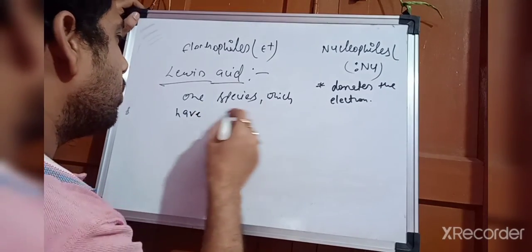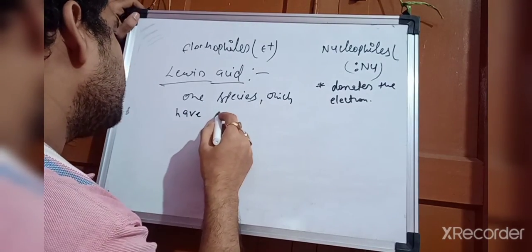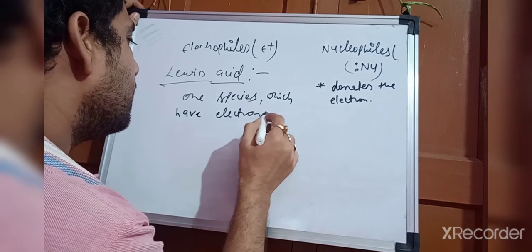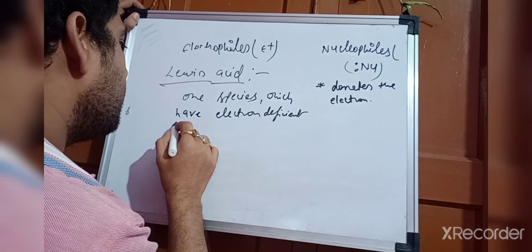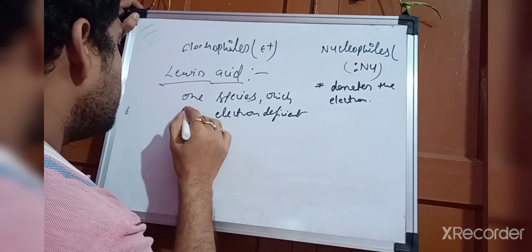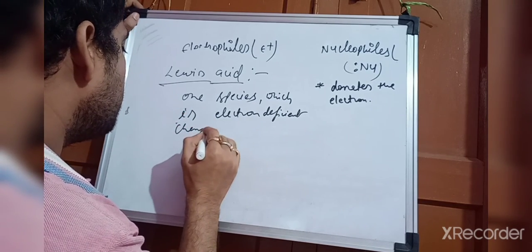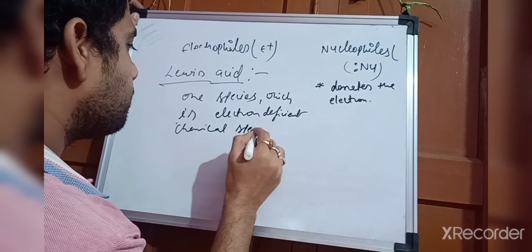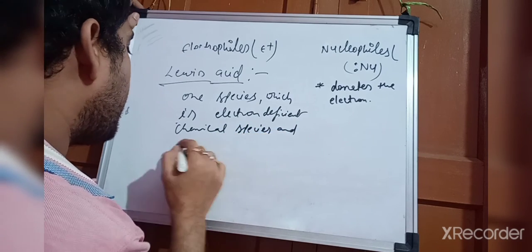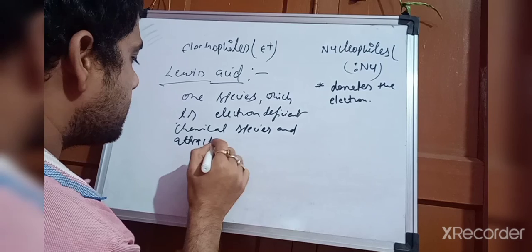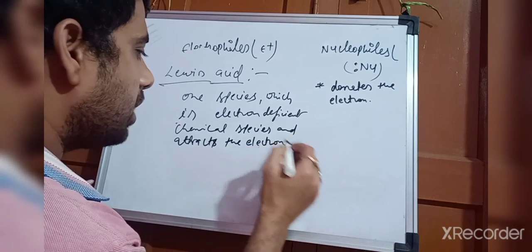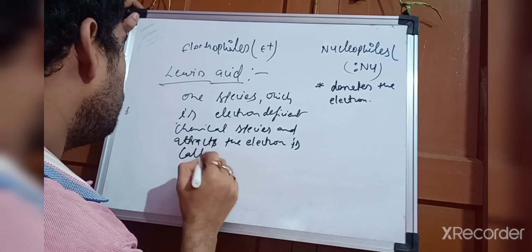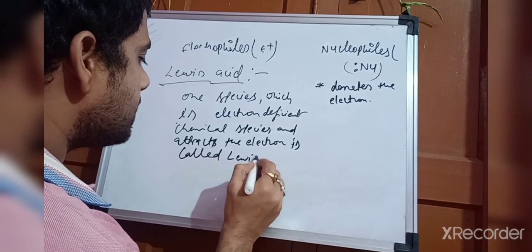So one species which is electron deficient and attracts the electron is called a Lewis acid.